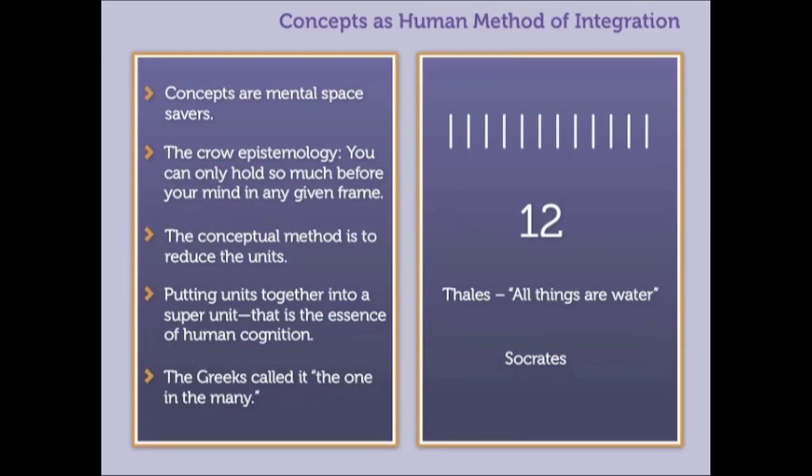He would give 10 examples of justice, and he'd say, what is it that they all have in common? What is justice? That was an attempt at integration, putting all those instances into one definition. And that process has continued from Thales and Socrates on to Einstein and thereafter. Einstein trying to find laws so universal that everything in the physical world is subsumed under them.